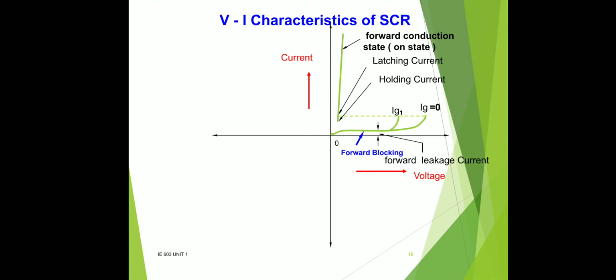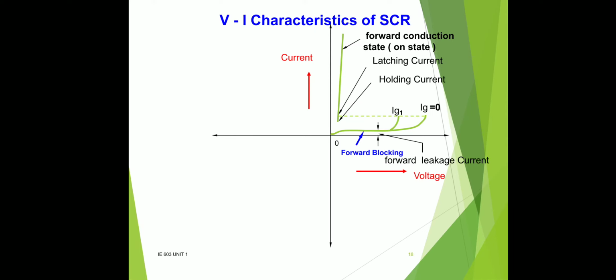That is holding current. That means until that current, the SCR can be held in the on state. If it drops below that current, that means it gets turned off. That is the reason for holding current.